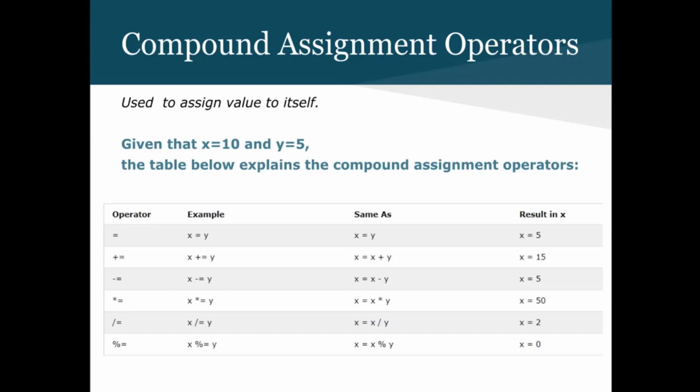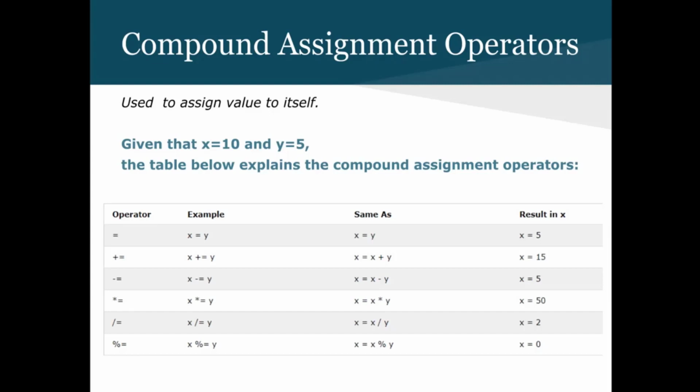Because x was 10, and then we reassigned its value to the same value as y, x is now 5. When we use plus equals, we add the value of y to x. We could write that as x equals x plus y, and now the value of x would be 15 after that bit of math was done.